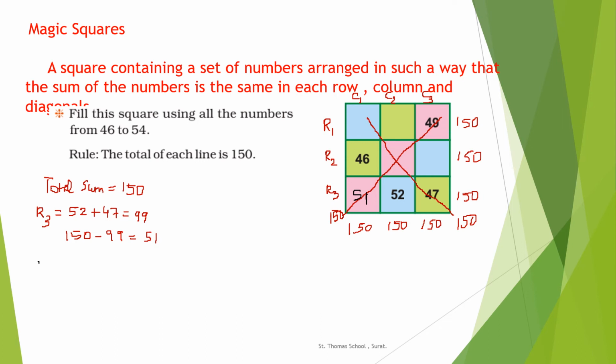Now the next you have to find out is column 1, that is the standing line. In column 1 you can see two numbers once again given to you, 46 plus 51. The total gives you 97, and as the total should be 150, you have to deduct 150 minus 97.